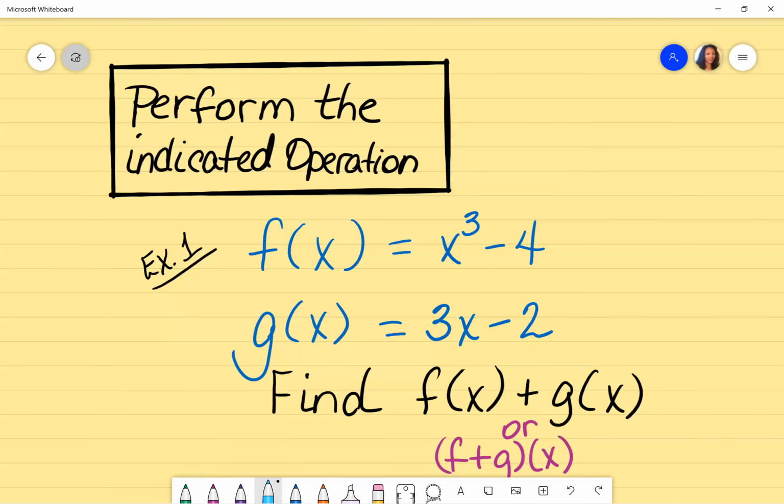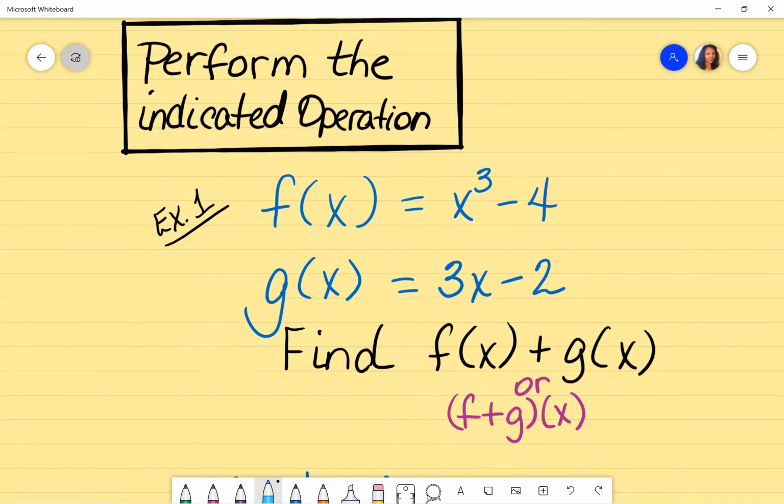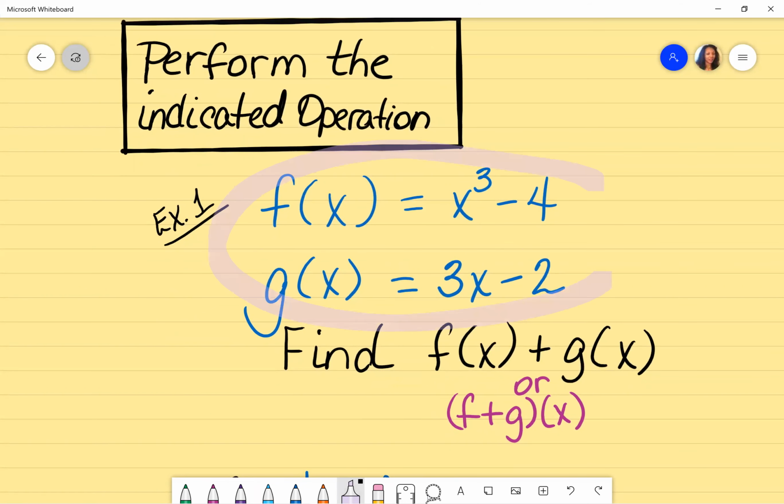Sometimes I'll see directions that'll ask me to perform the indicated operation. When that's given to me, I'm going to have 2 or more functions given, and then I just follow the directions after the word find. So what are they asking me to do? They're asking me to add both the functions f of x and g of x. So again, there's more than one way to write these notations.